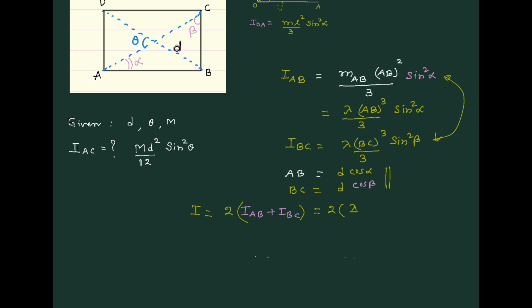So 2 lambda by 3 will come out. We can write cos cube alpha sine square alpha plus cos cube beta sine square beta, and then d cube.